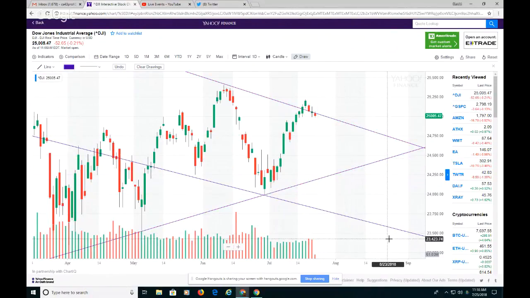So that's my feeling, and we get a break to the downside, maybe into September, and that might last a few months, September, October, November. How bad the break is, I'm not sure. 23,500 is certainly a target, that area of support. If it breaks that support level, I think 20,000, 20% bear market territory, before we get a significant rebound up.